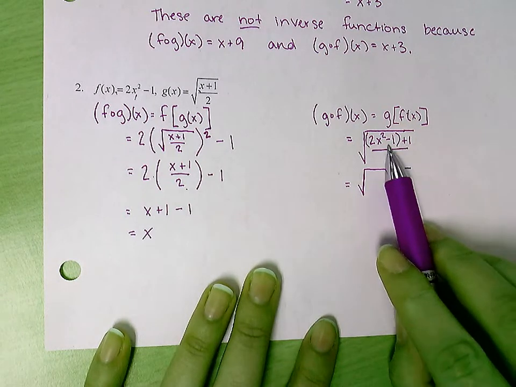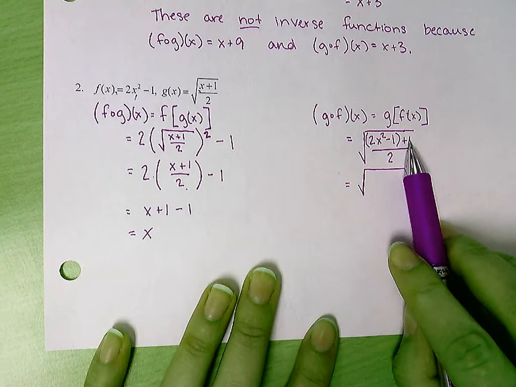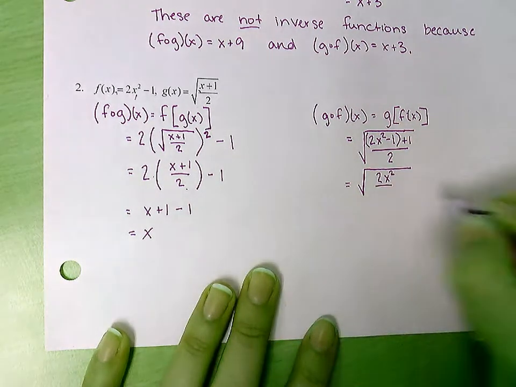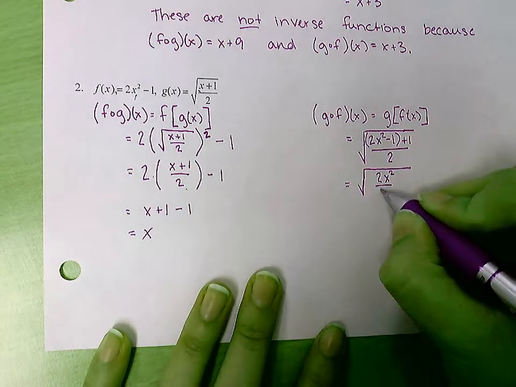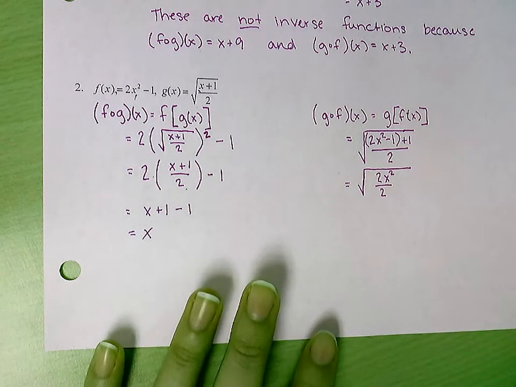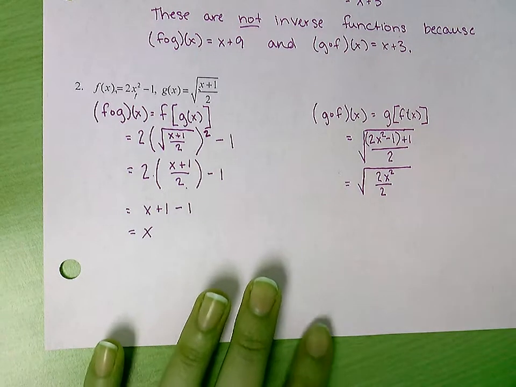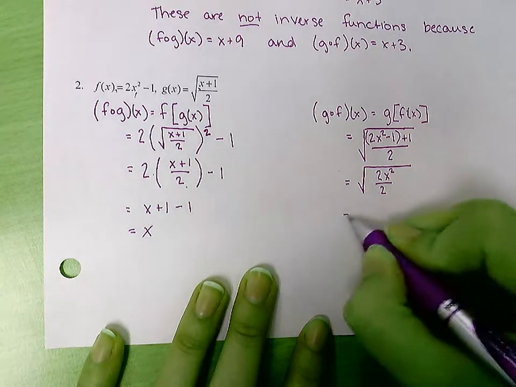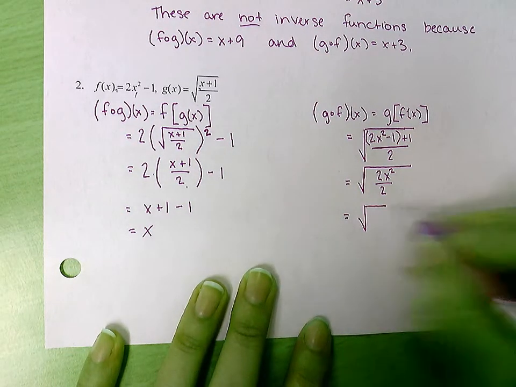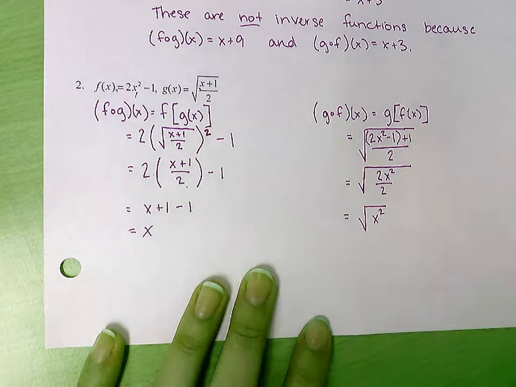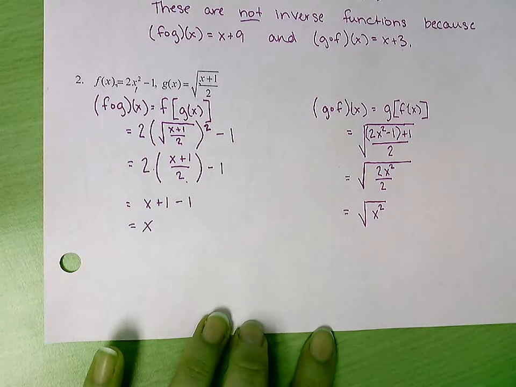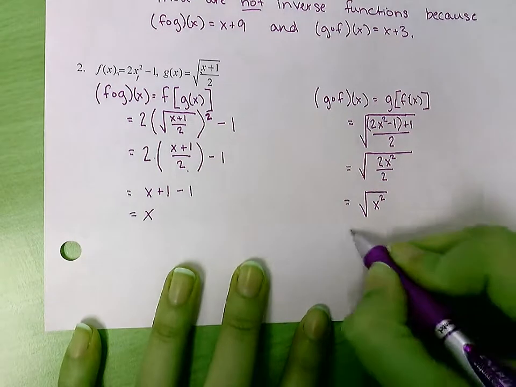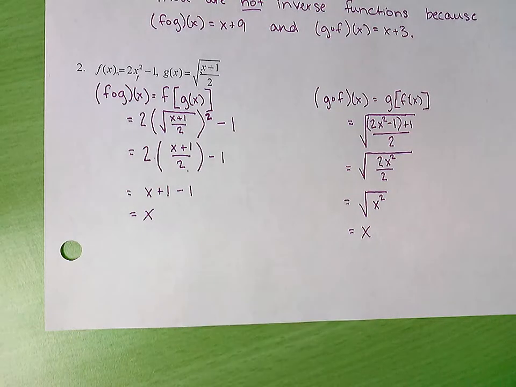Those 1's will cancel, right? So I have 2x squared over 2. Okay, my 1's canceled. Now the 2's will cancel. Yep, they equal 1. So I have this square root of x squared. And again, those cancel. So it just equals x.